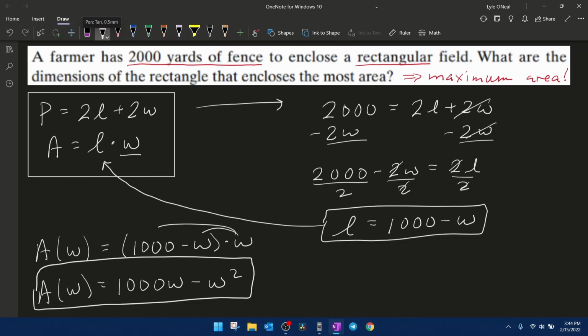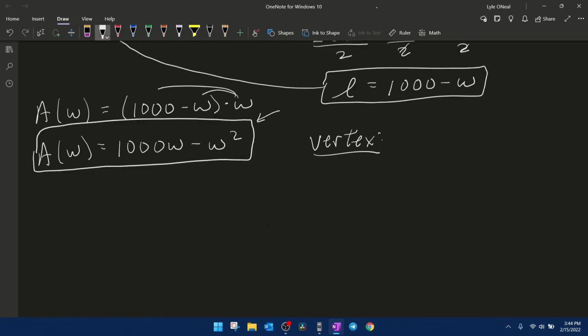And then remember, in the previous lesson I said anytime that you want to maximize or minimize a quadratic function, you need to find the vertex. So our vertex formula is minus b over 2a. In this case, b is 1,000 and a is -1.